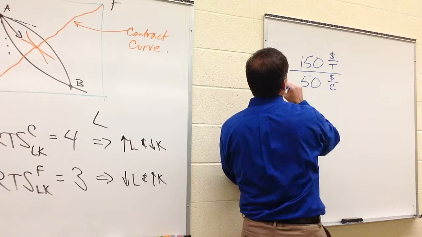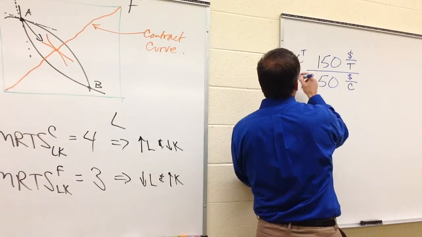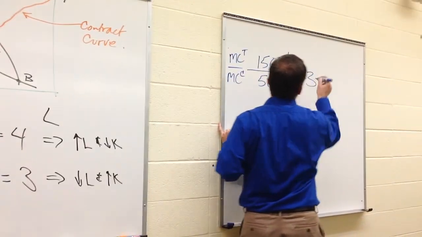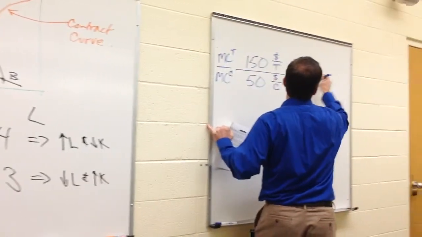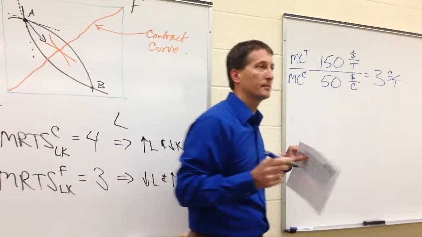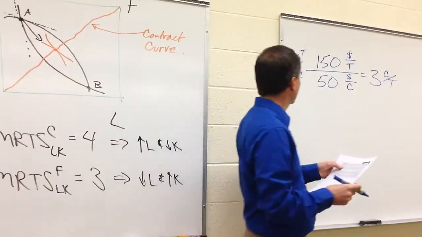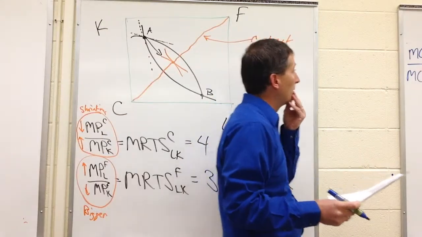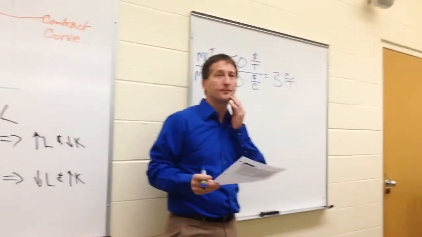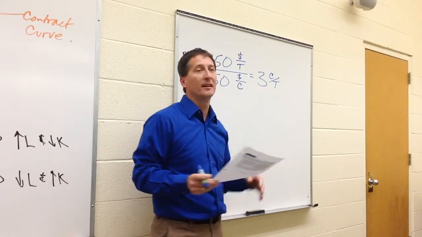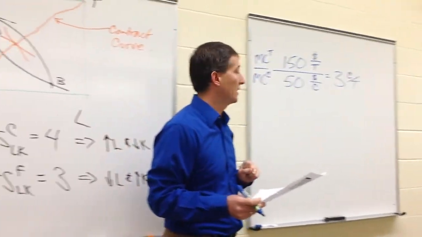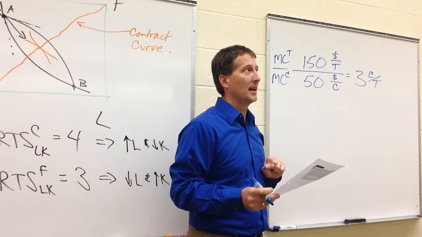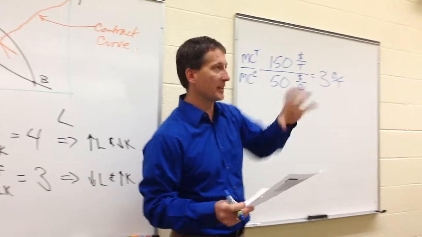We're taking the marginal cost of a TV over the marginal cost of a clock, and we're getting 3 clocks for every television. So that's the opportunity cost of what, a clock or a television? Of a television, right. So the price is 3 clocks, what you give up.